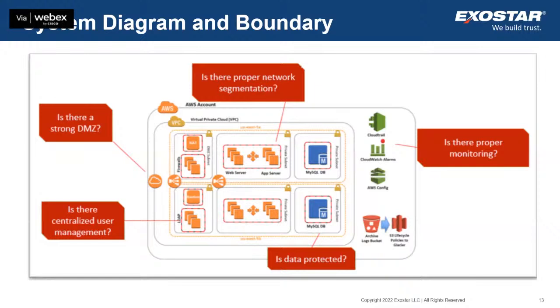This is a company that is using a typical setup in AWS to provide storage for their information. So the questions you ask yourself when you're putting this together: that DMZ, if you will, that's labeled there, that's the boundary of the system.